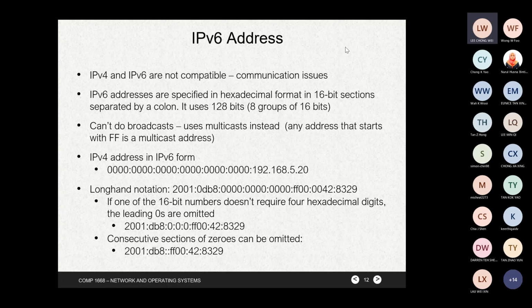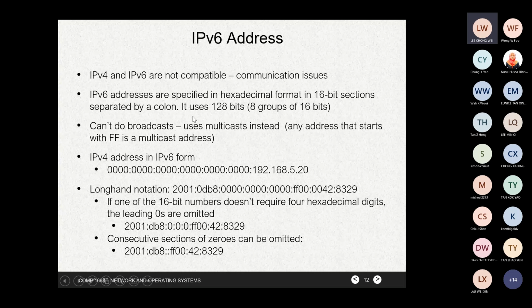They are not compatible. There will be some communication issues, but there are many modern devices supporting both. IP version 6 is specified in hexadecimal format. In version 4, it's not hexadecimal, it's octet. So in version 6, we have 16-bit sections because it's based on a 16-bit format.